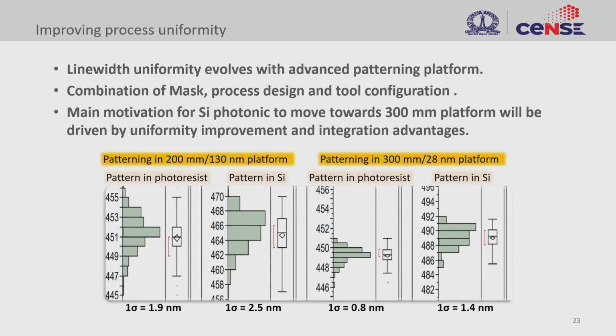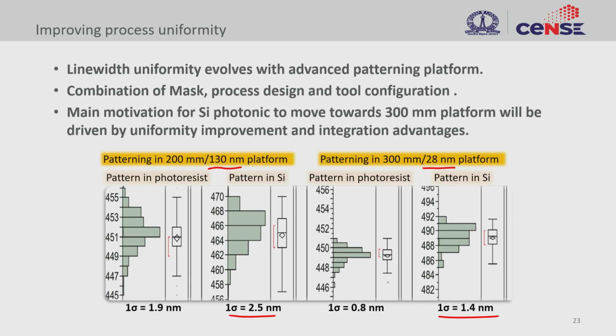So here you are looking at the 130 nanometer node compared with the 28 nanometer node platform. So when you look at the patterning accuracy here, the spread, right? So 1 sigma, the standard deviation, is 2.5 nanometer in silicon. However, when you go for a high-end technology, this becomes 1.4 nanometer. It's almost half.